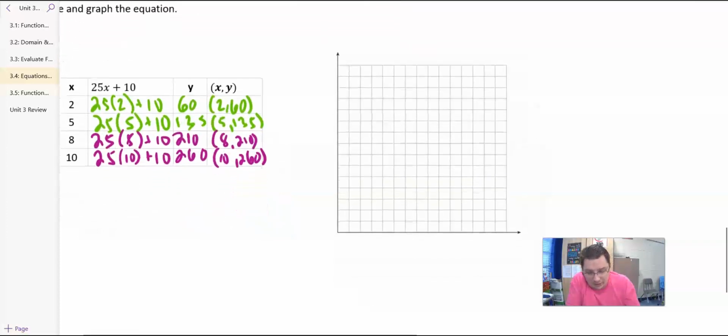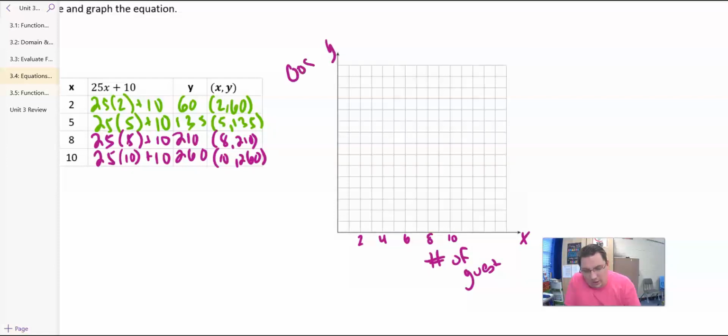So let's take a look at what we're going to do. Now our x values we can count by 1. So this would be 2, this would be 4, this is 6, 8, 10, and so on. That's our x, which is the number of guests. So for our y-axis, which is the cost, we're going to have to count by something other than 1.